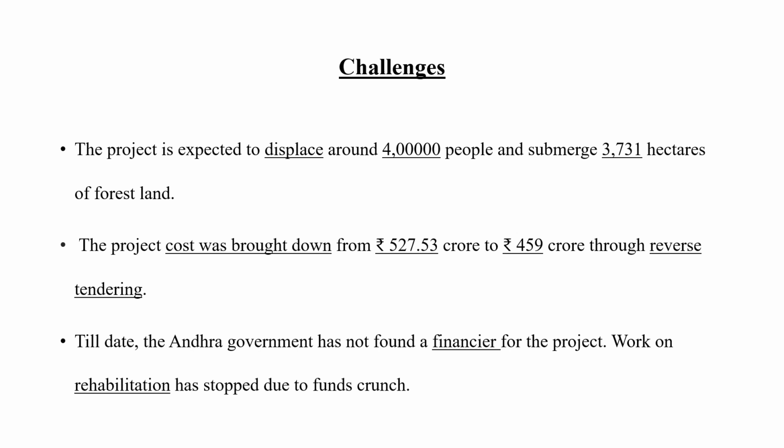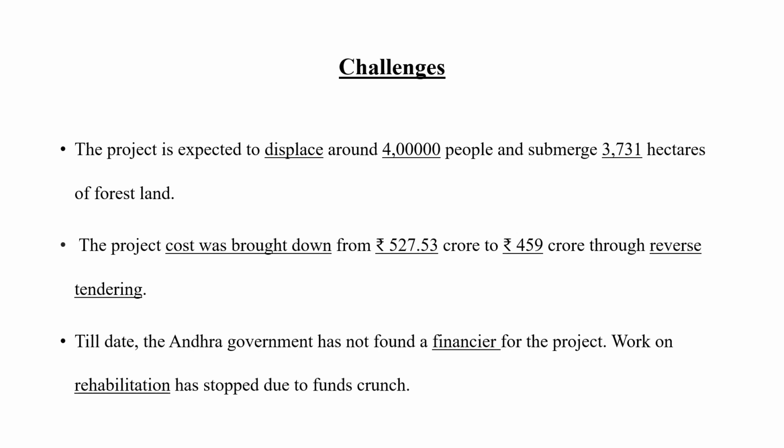The project owner initiates the process by publicly inviting contractors and suppliers to submit their cost estimates. That is called reverse tendering. So the lowest bidder or the one offering the best terms is then awarded the contract. So in this way, that is reverse tendering, the cost brought down to 459 crore, right?